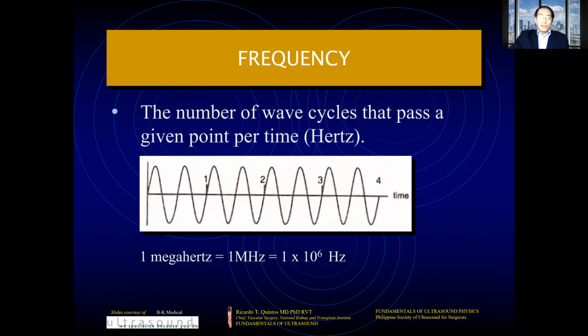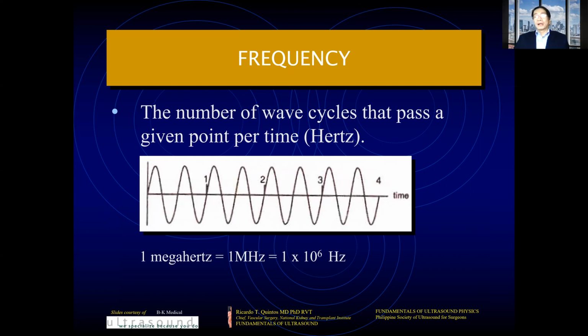The second characteristic or property of waves is frequency. Frequency is the number of wave cycles that pass a given point per unit time, and it is measured in hertz. The number of waves that pass through a given point in, for example, 1 second determines the frequency of the wave.